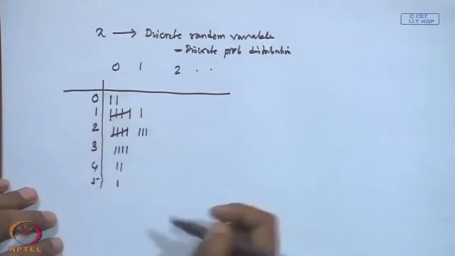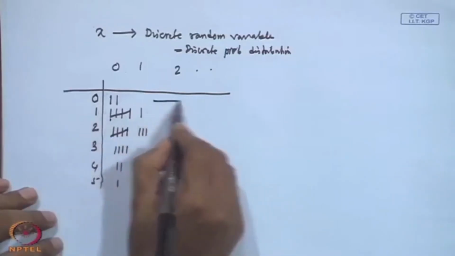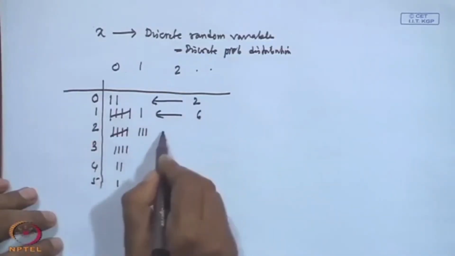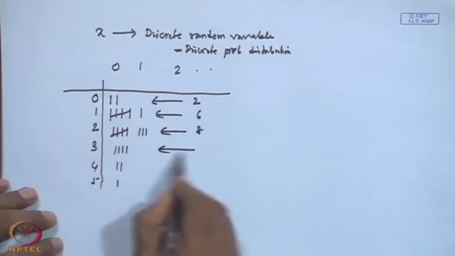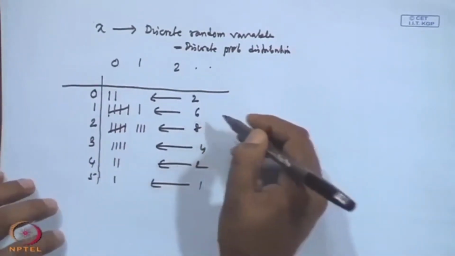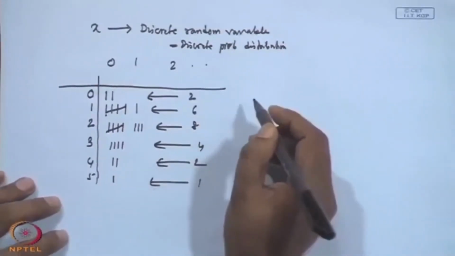What is this? Basically this tally count. The occurrence of 0 is 2 times, this one 6 times, this one 8 times, this one 4 times, this one 2 times, this one 1 time. So, by characterization what do we mean here?